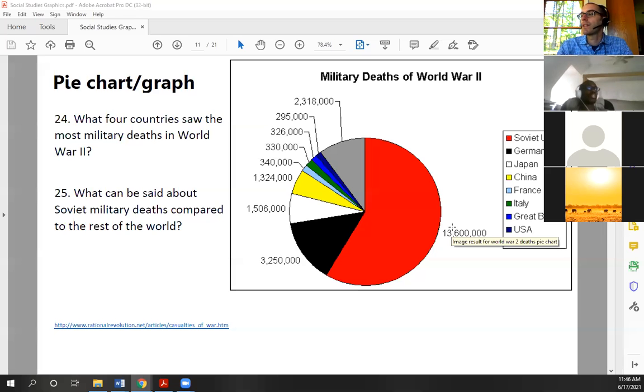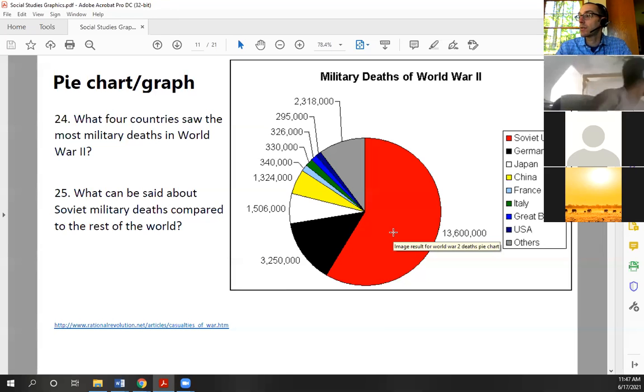Okay, so how would you summarize the Soviet military deaths compared to the rest of the world? Soviet Union is red. How would you describe that compared to the rest of the world? More people died over there.